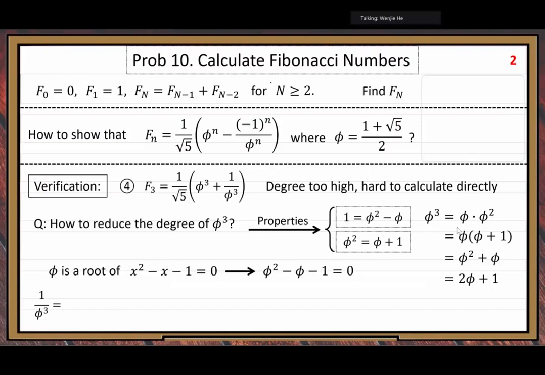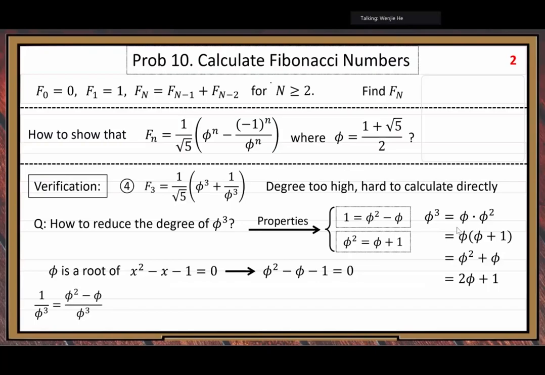In this new situation, the numerator is 1. Okay? 1 appears in our first property, so let's replace 1 by phi squared minus phi.